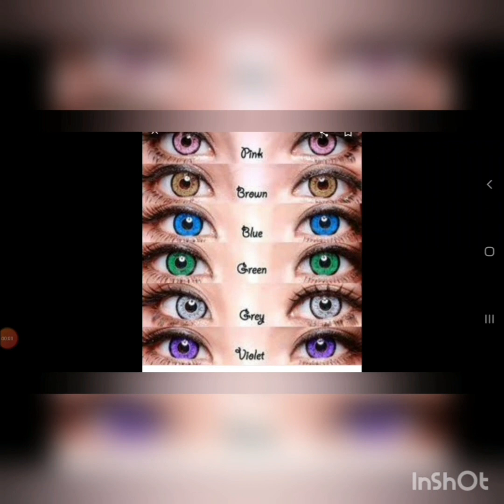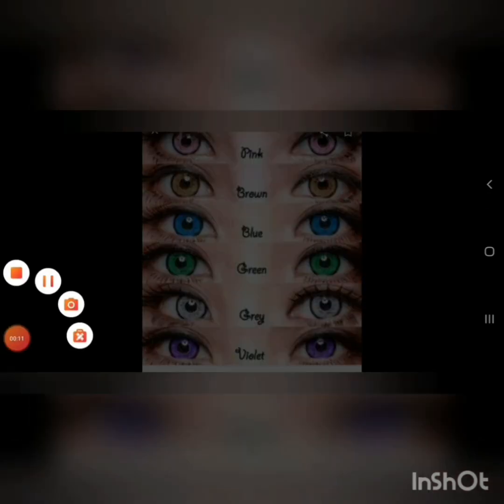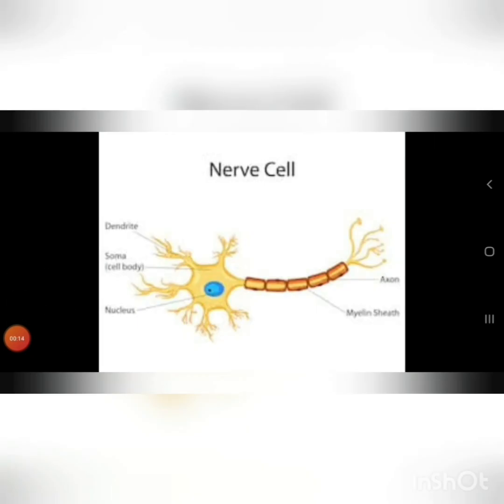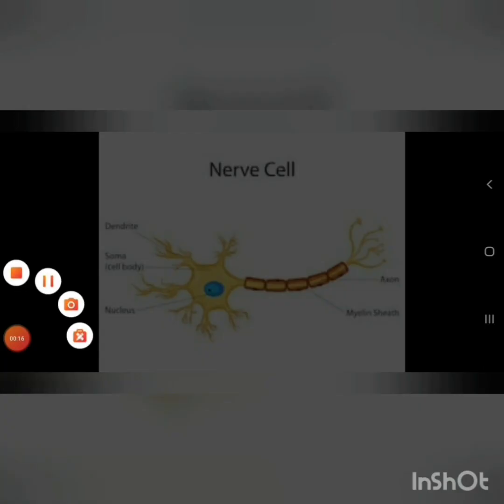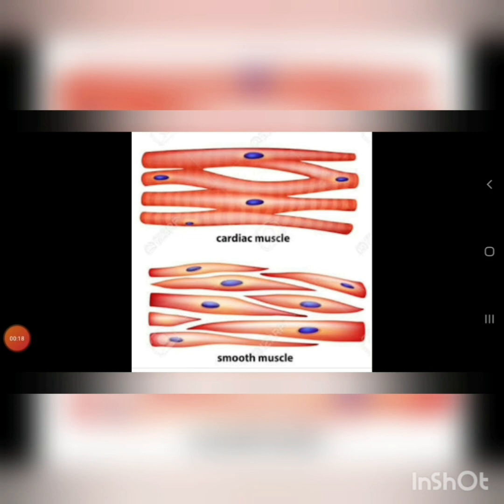More information about the cells. Age of our body cells. The cells of the intestine, nerve cells, muscle cells.